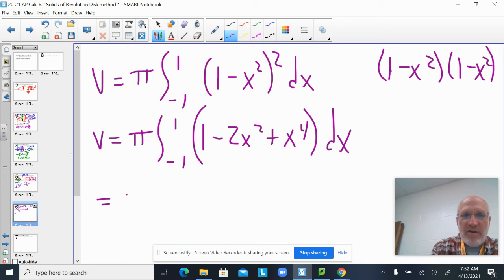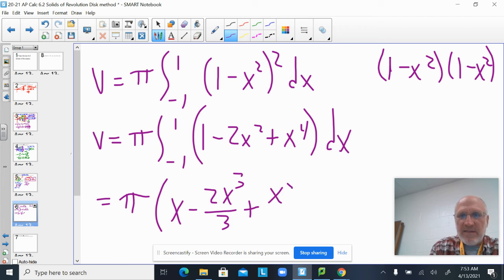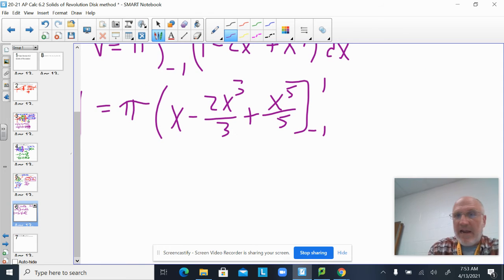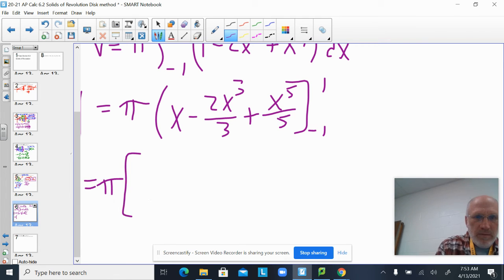Now I can take the antiderivative. That is x minus 2x cubed over 3 plus x to the 5th over 5, evaluated from -1 to 1. Now I just need to carefully evaluate it at 1 minus evaluate it at -1. Again, I'll leave the pi way out here. If I evaluate this at 1, I get 1 minus 2/3 plus 1/5.